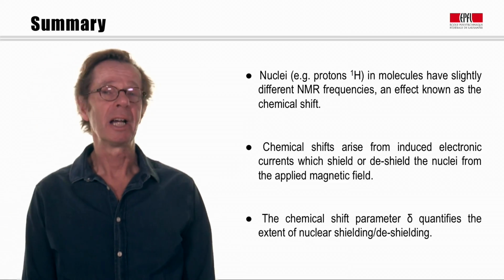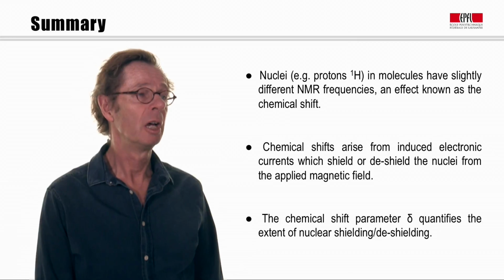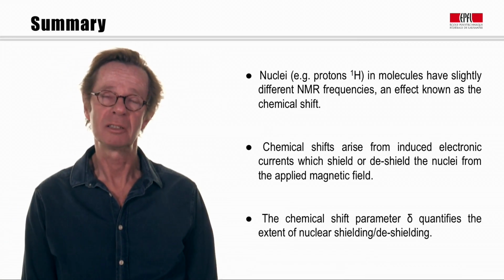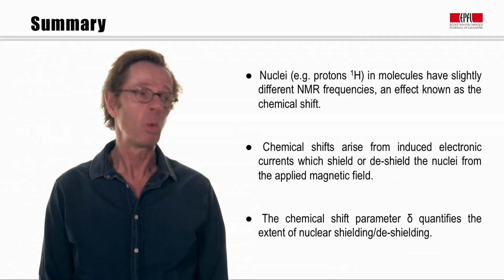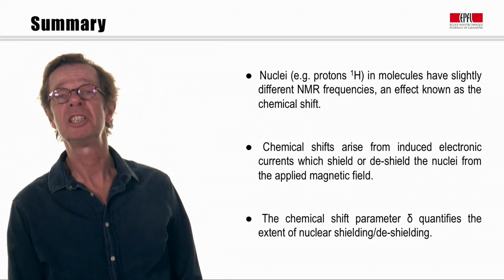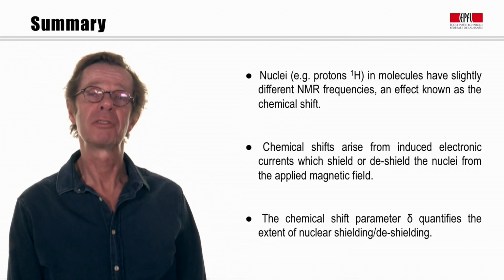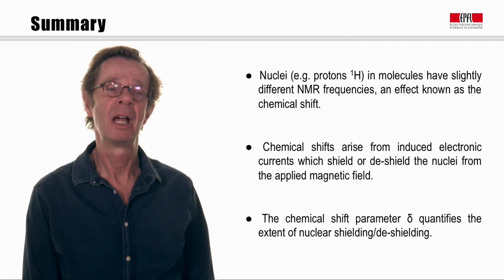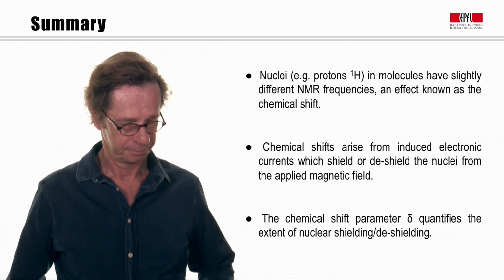Chemical shifts arise from induced electronic currents, which can either shield or de-shield the nuclei from the applied magnetic field. The chemical shift parameter delta is used to quantify the degree of nuclear shielding or de-shielding with respect to a conventional reference, sometimes tetramethylsilane for protons and carbon, and other nuclei have different standards, of course.